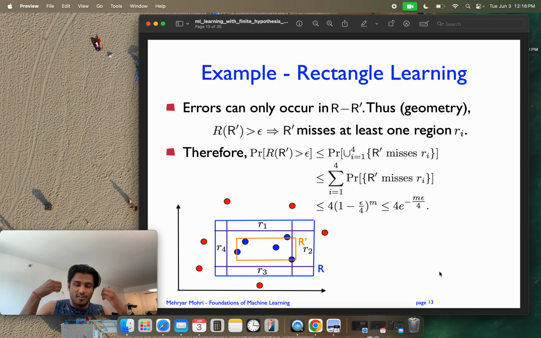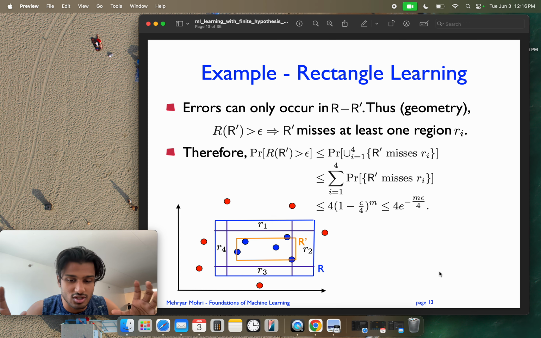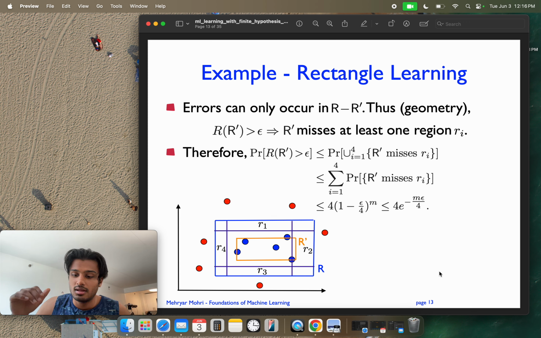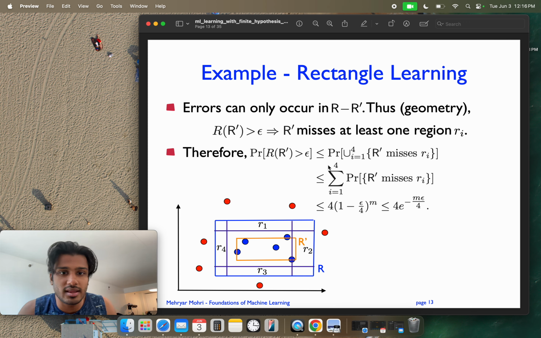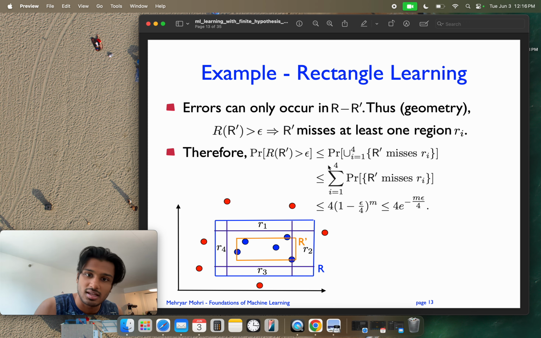So even if I give you the leeway of counting every region as a disjoint one, the error would be still less than epsilon if it were to meet all the regions. So the only way that the risk of R prime can be greater than epsilon is if R prime misses at least one region Ri, right?